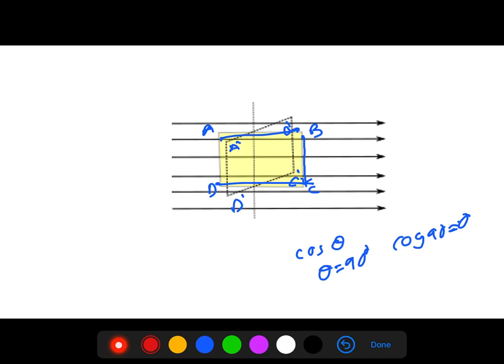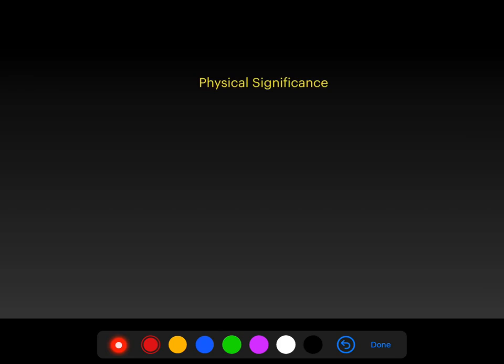Let us derive this expression. Before deriving it, let us see the physical significance of the curl. The general meaning of curl is rotation.